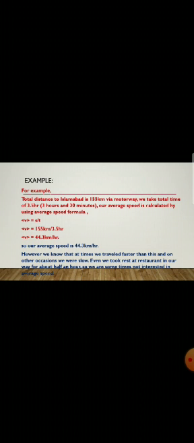So our average speed is 44.3 km per hour. However, we know that at times we travel faster than this, and on other occasions we were slow. We even took rest at a restaurant on our way for about half an hour, so we are sometimes not interested in average speed.